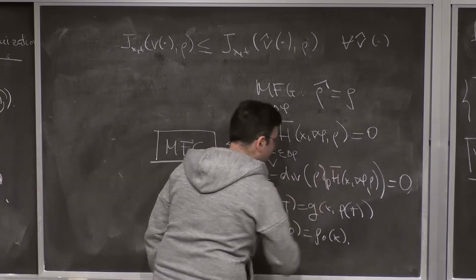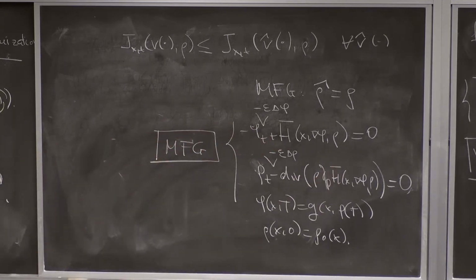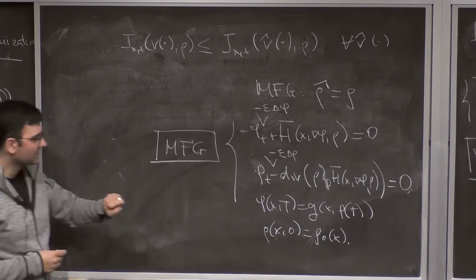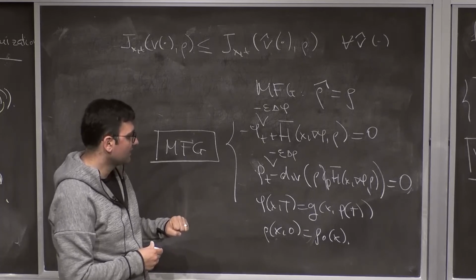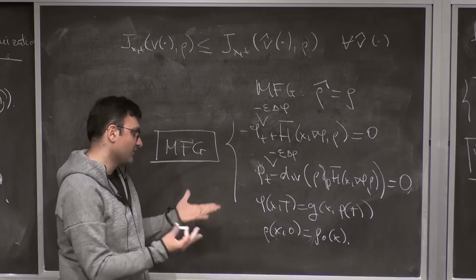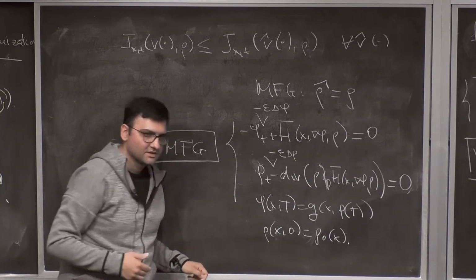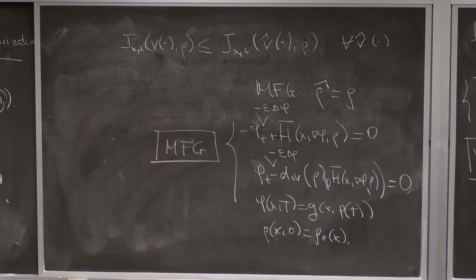H bar. Yes, because I did it for a reason. And so what I'll try to show for the second part are some of the numerical methods to actually solve this type of problems.